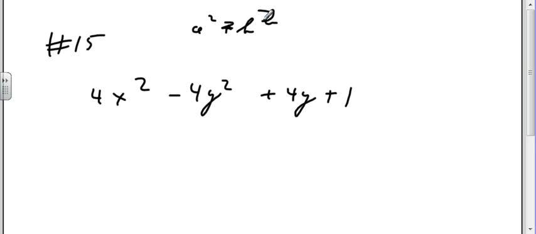But I don't think that's what they want us to do. I think they probably want us to factor it. I'm going to need a 1 and a 1. But if I have a 1 and a 1, how am I going to get the other guys?